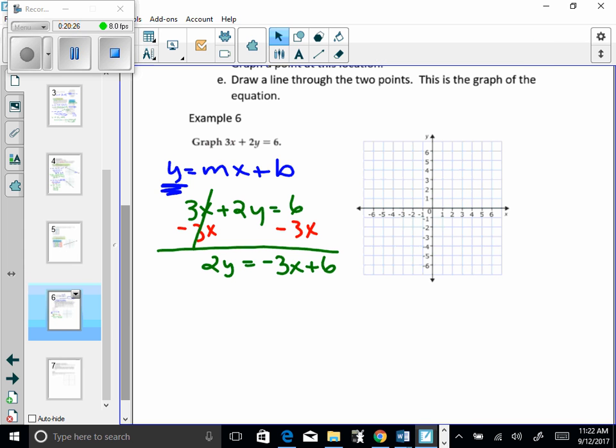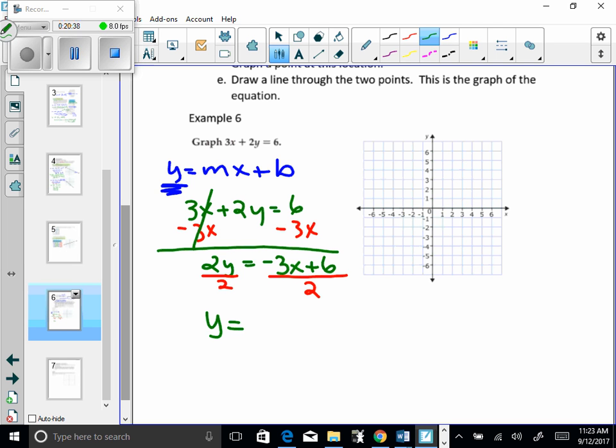And then I'm going to divide by 2 because I still want to get that y by itself. So I divide both sides by 2. And that gives me y equals, and what I actually want to do is put that denominator of 2 under both terms. So minus 3x over 2 plus 6 over 2.